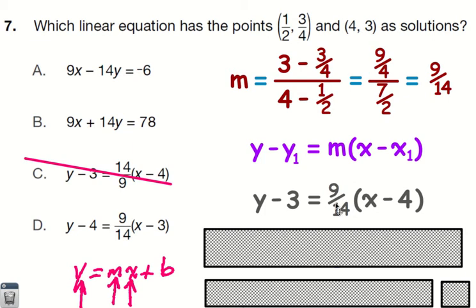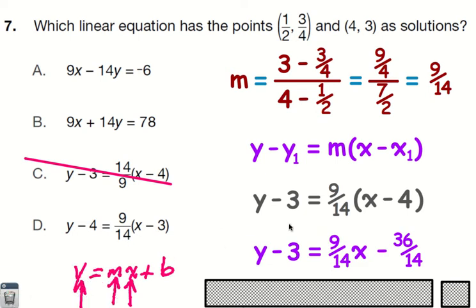So the next thing would be to distribute the 9/14. That's what I'm going to do anyway. So my next move is to take the 9/14 and clear the bubble with the distributive property. Okay? And I got some nasty fractions, and it's pretty much inevitable here that we're going to have to figure out a way to clear the fractions.